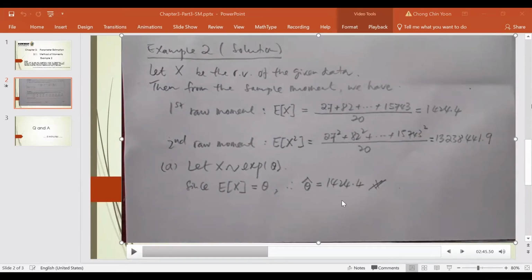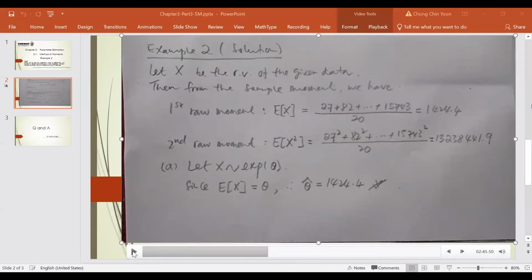Okay, clear, right? For the exponential distribution, because the expected value of X is theta, the theta you can get straight away from this average, which is 1424.4. Okay, so exponential is very easy.